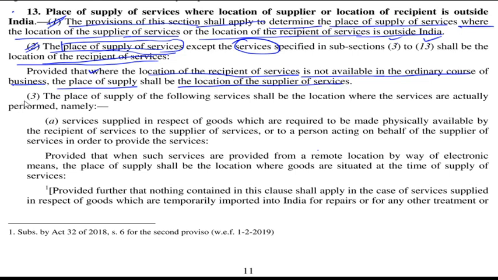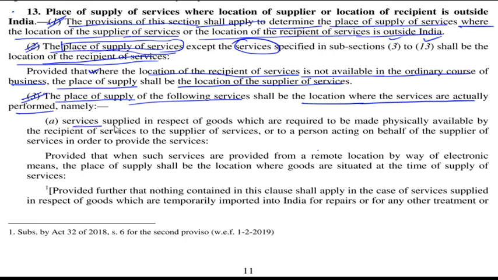Okay, let's see what subsection 3 prescribes. The place of supply of the following services shall be the location where services are actually performed. What are these services?